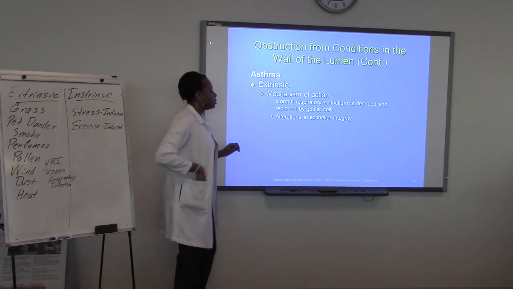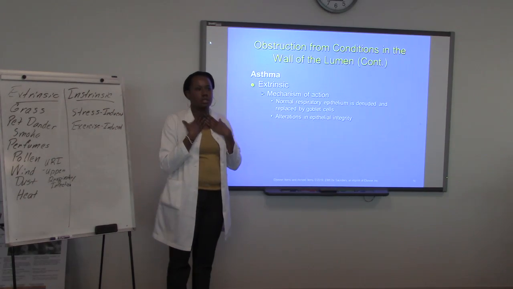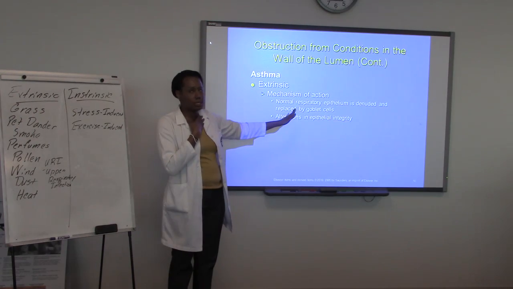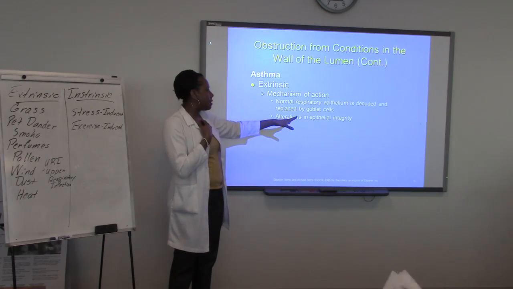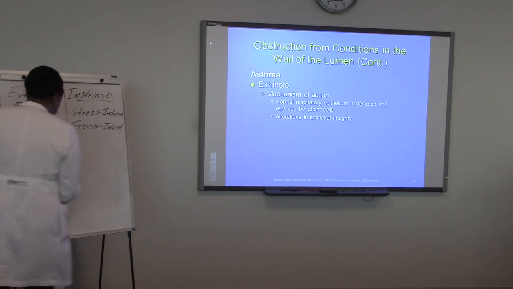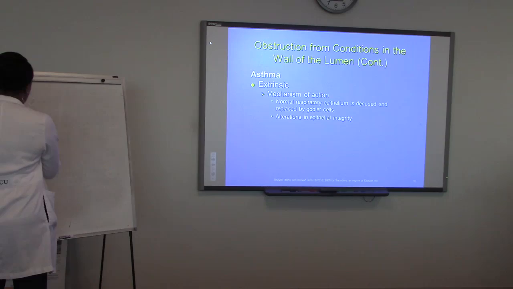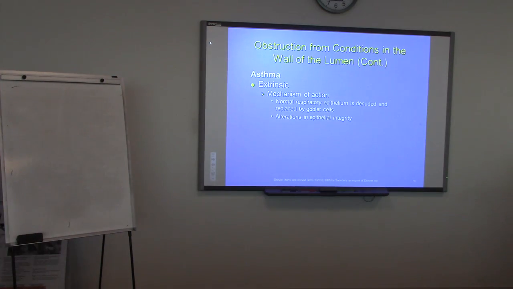Okay, so, moving on. Another thing that occurs is this. They say normal respiratory epithelium is denuded or stripped, and replaced by goblet cells. Well, I don't really like that term, replaced, because does respiratory epithelium normally have goblet cells in it, that you remember from anatomy?